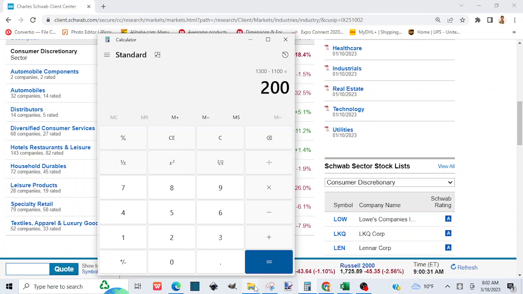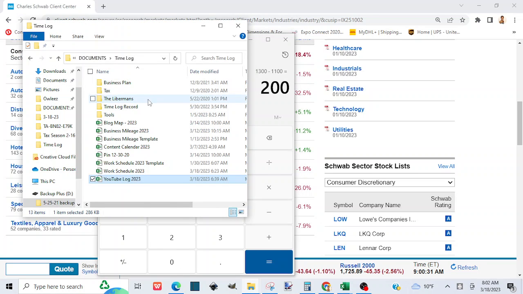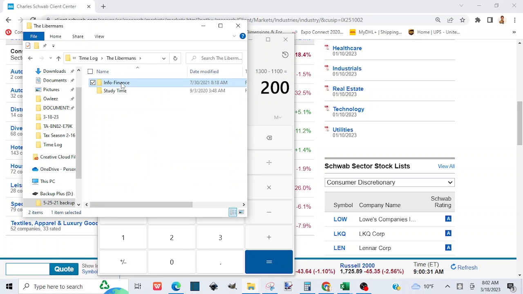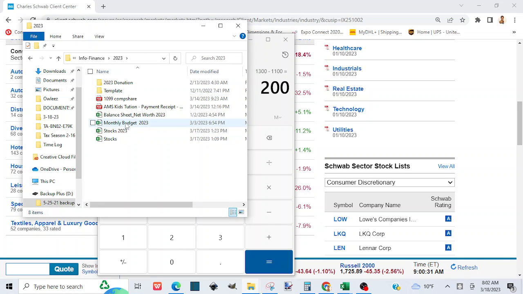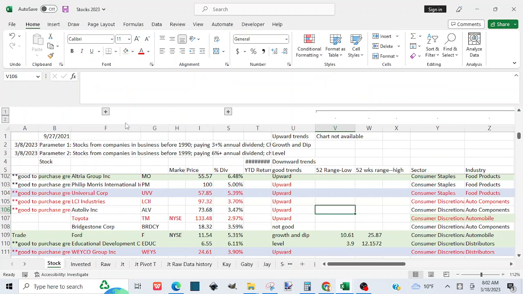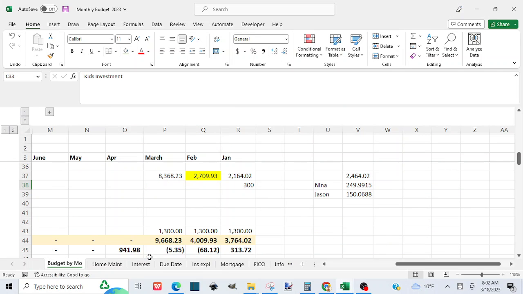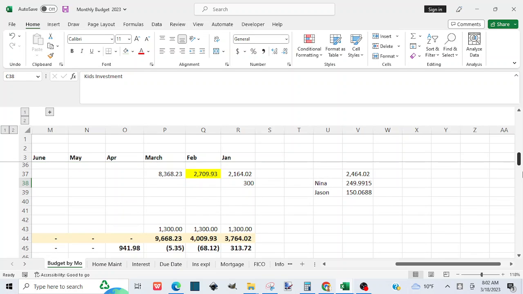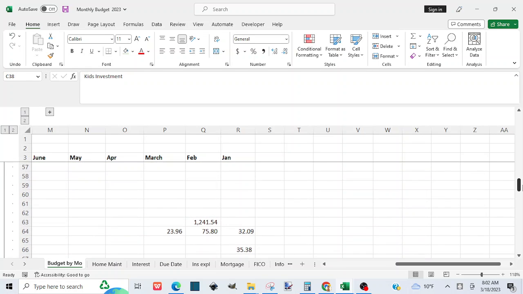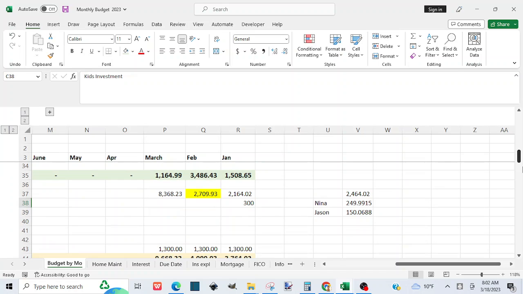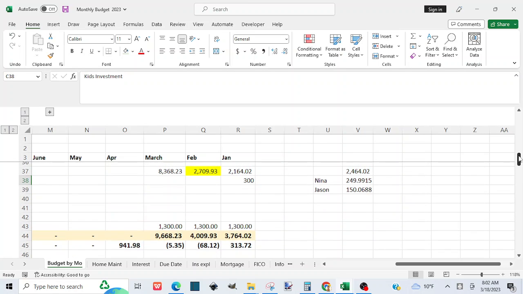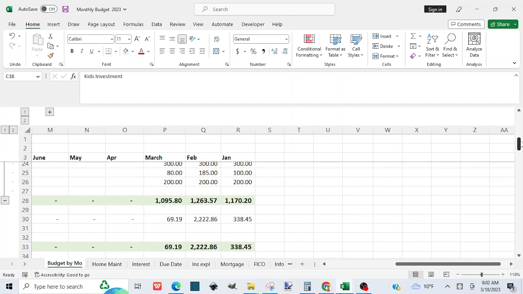let's assume you do budget, and you know how much you spend on your expenses.